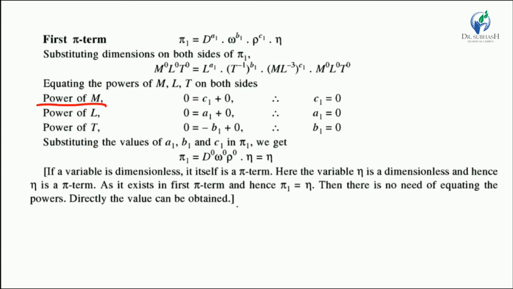Now comparing the power of M: left side is 0, right side M power is C1 plus 0. Now the power of L is compared: left side 0, right side A1 minus 3C1 plus 0.